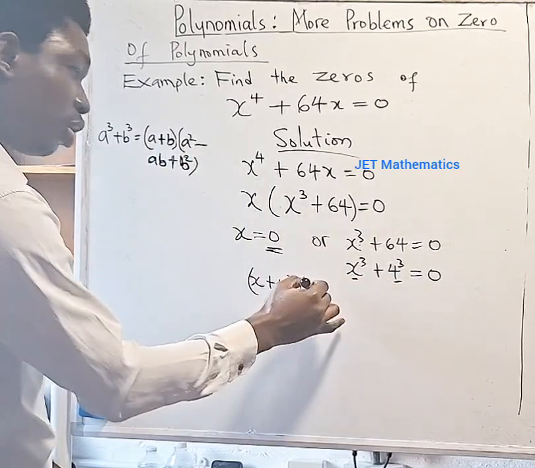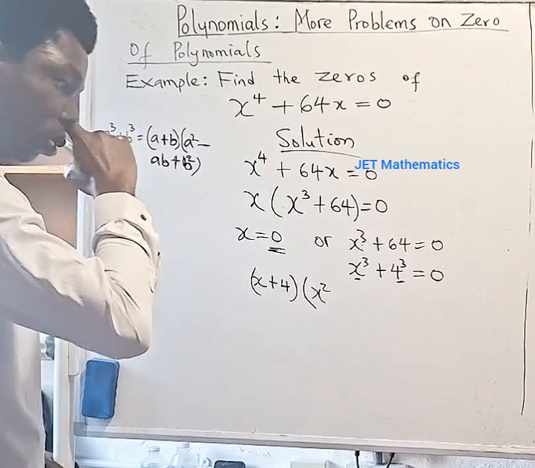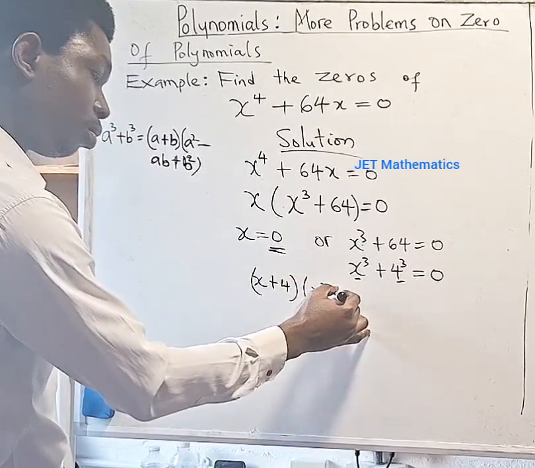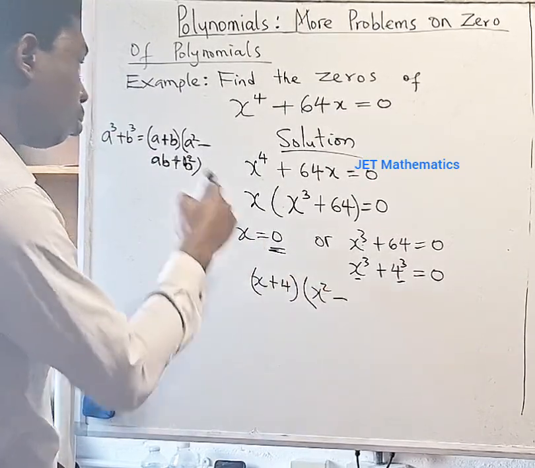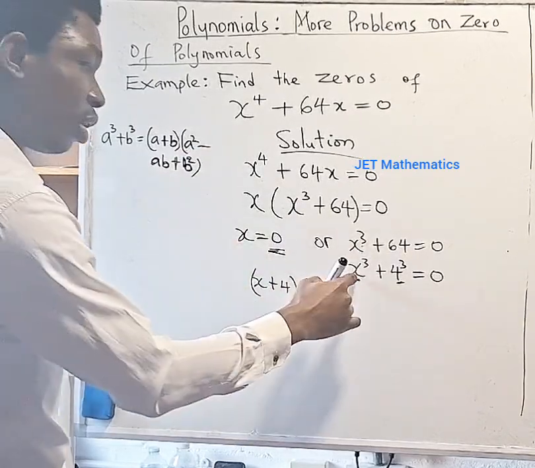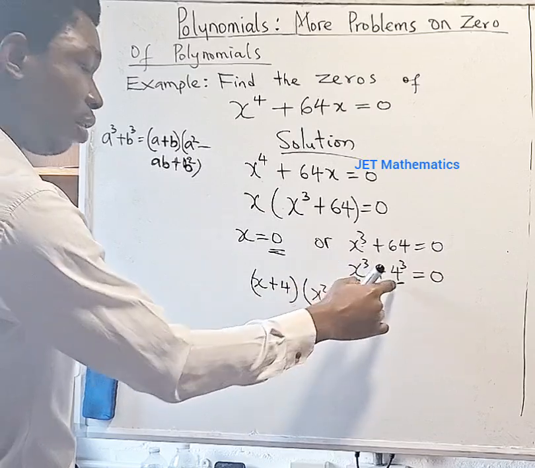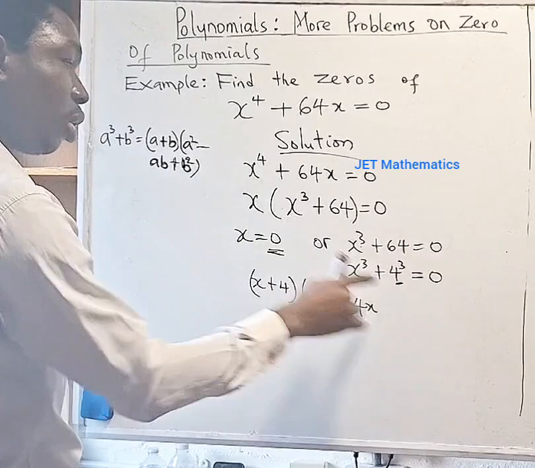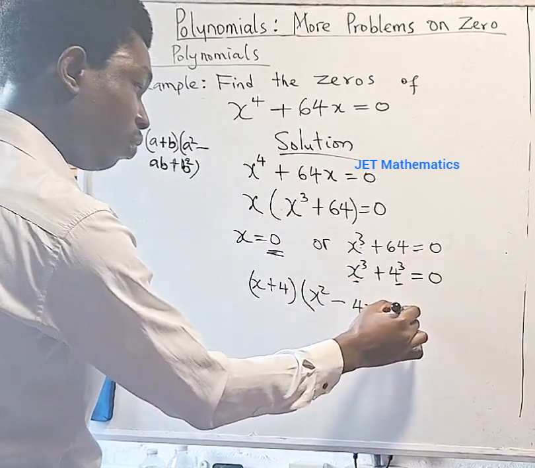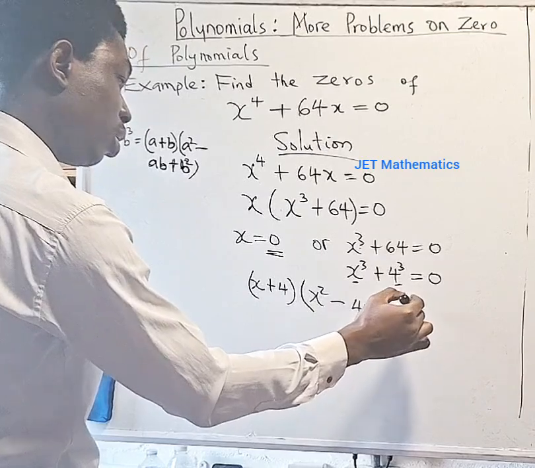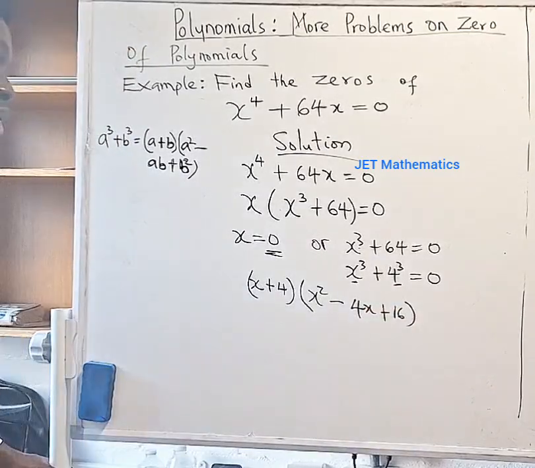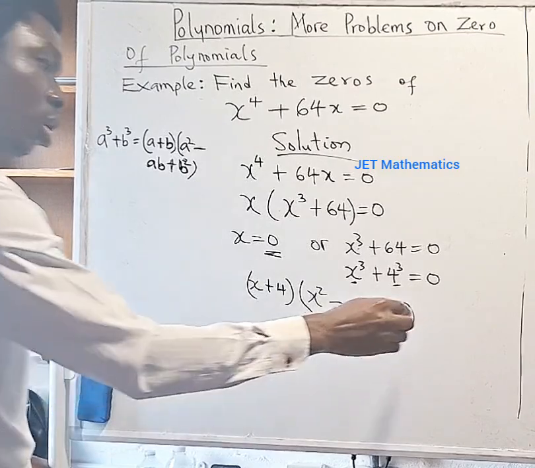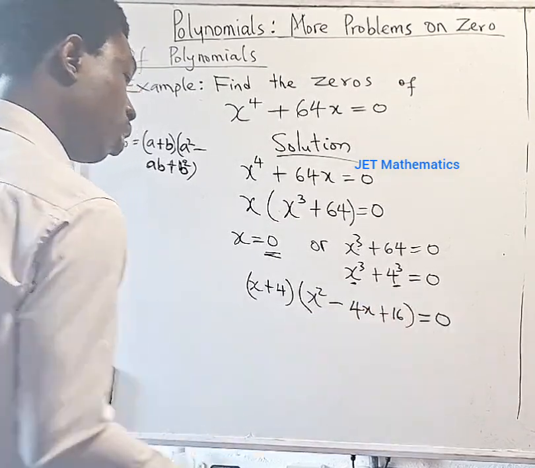A squared will be x squared, minus ab, that is 4x, plus b squared, 4 squared, which will be 16. All right, so we are good. All equals to 0.